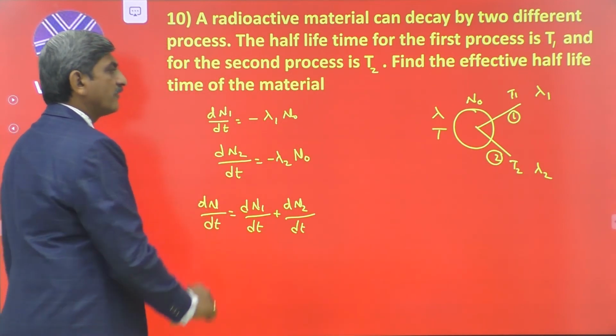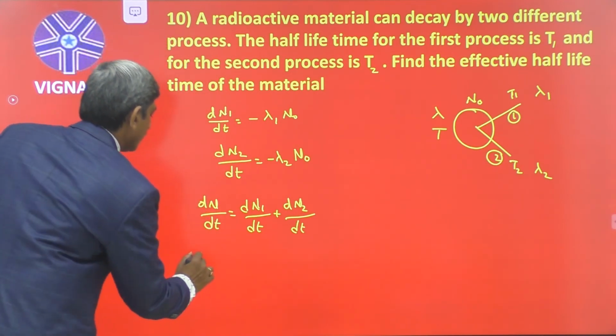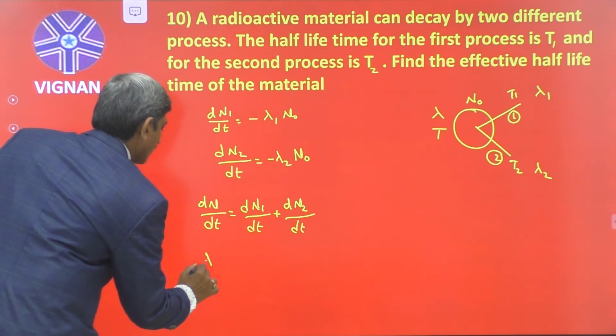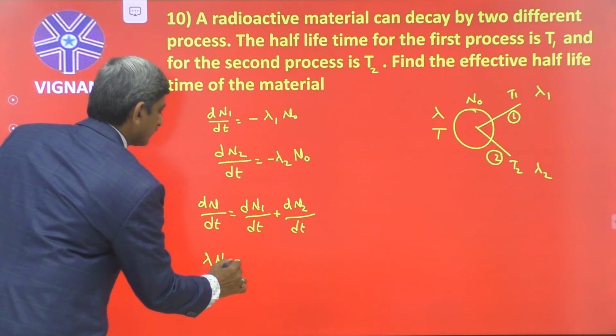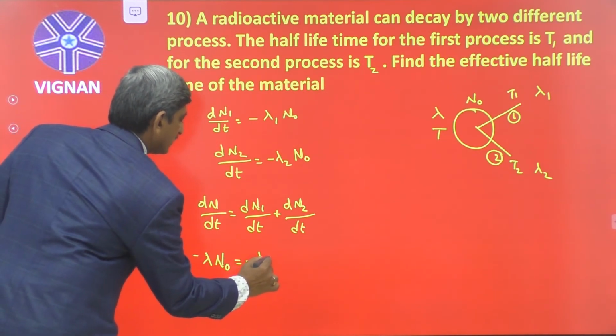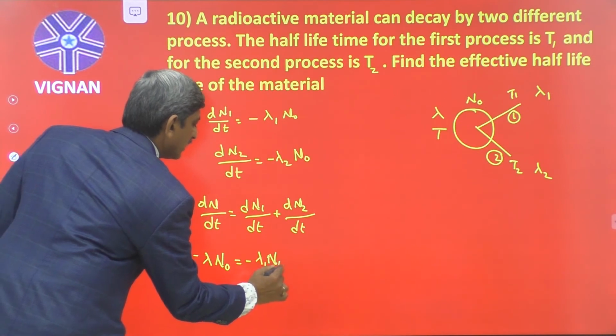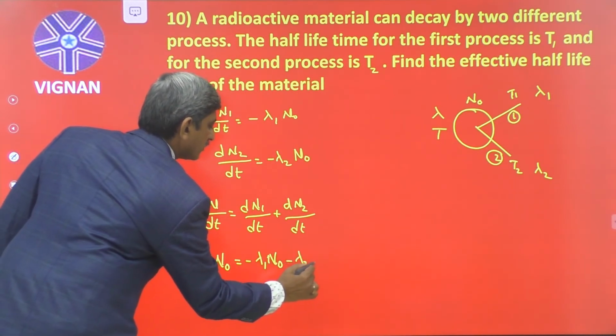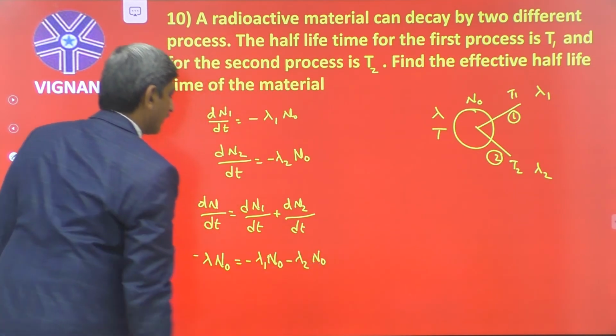Now the rate of decay of the sample is given by lambda N naught. This is equal to minus lambda 1 N naught minus lambda 2 N naught.